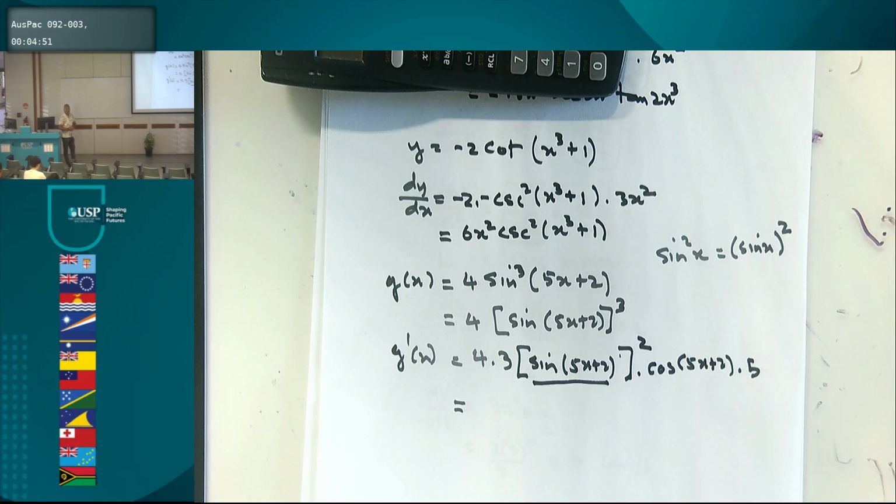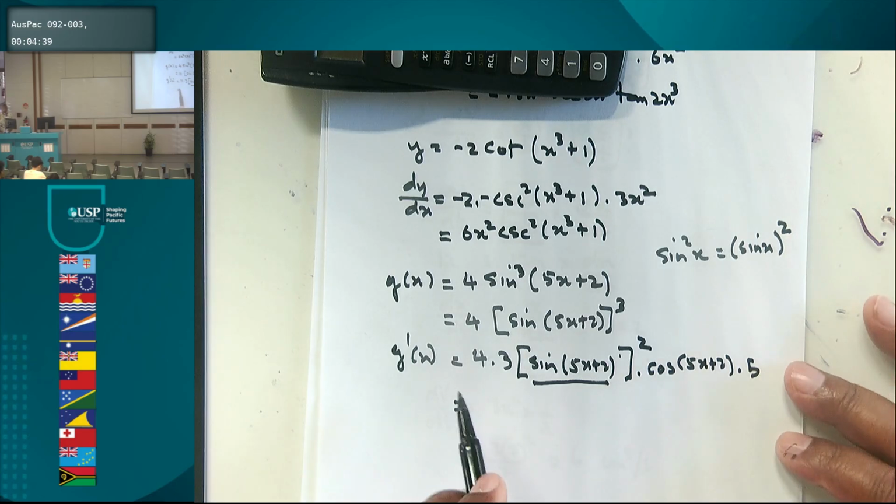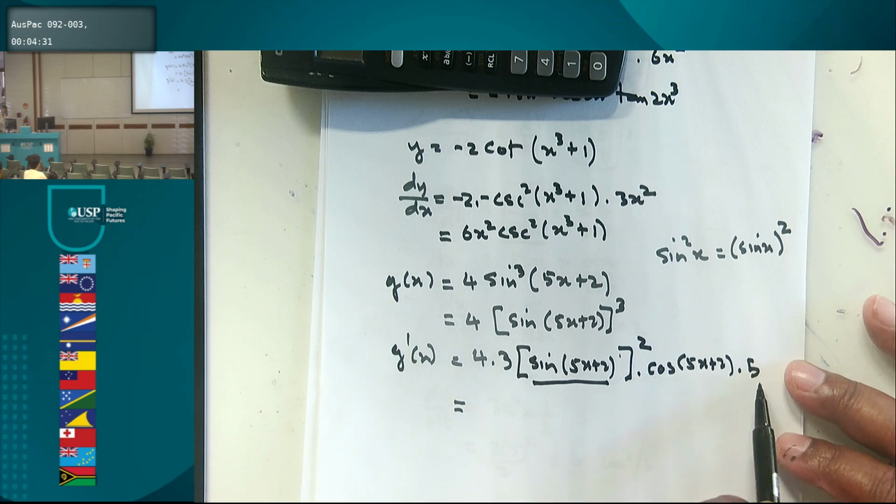Got it? Yeah, give it to me. What do you have? 60? Where do we get the 60 from? 4 times 3 times 5. Agree? 60. Keep going. What else? Cos.